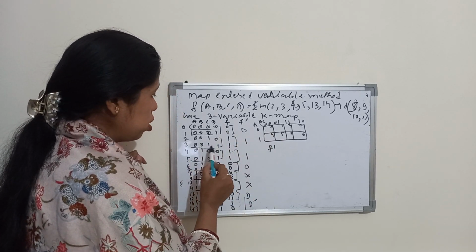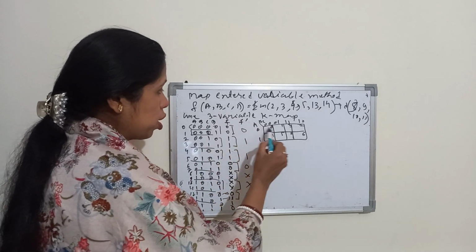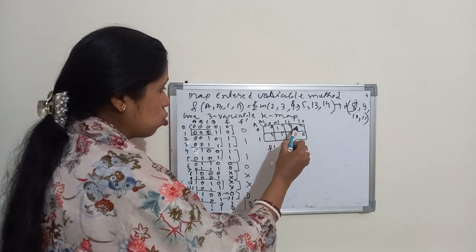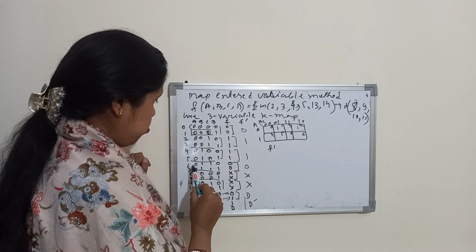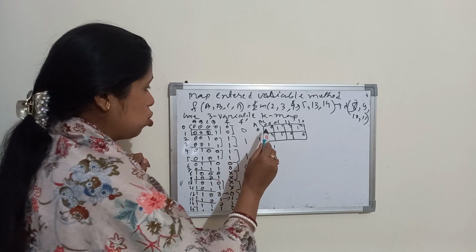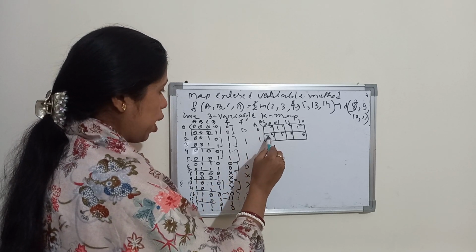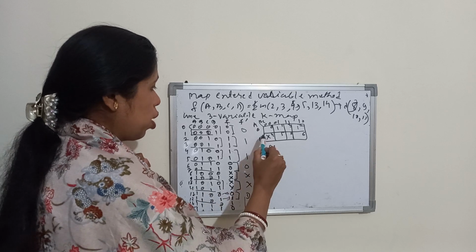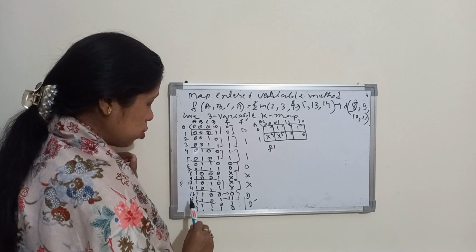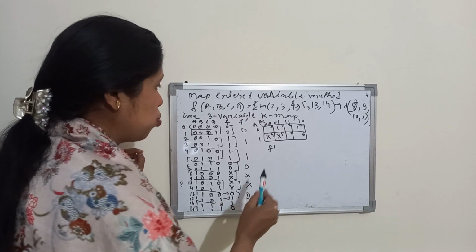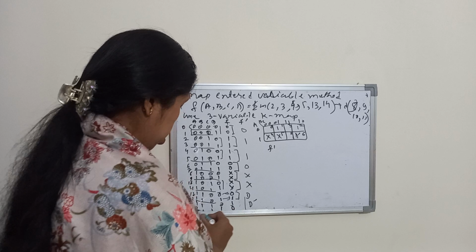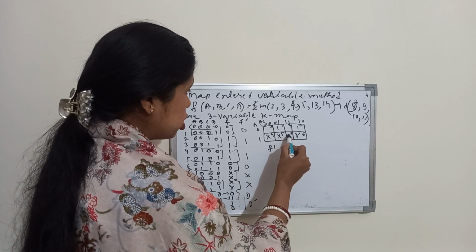In 0 0 1 my F dash is 1. In 0 1 0 it is 1, in 0 1 1 it is 0. 1 0 0 is x, 1 0 1 is x. 1 1 0 is D prime, and 1 1 1 is D.